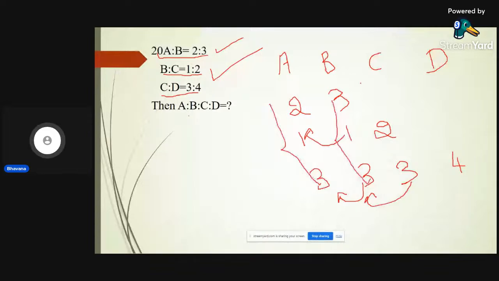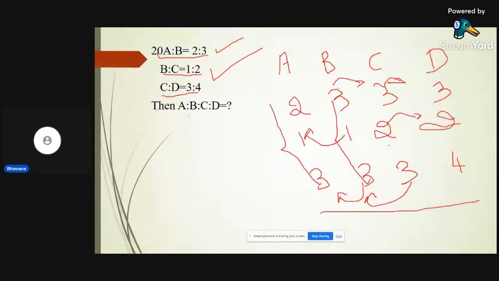Next, what we have to do here, in this 3 we have to write here, reverse and format. Next, here there is no value, so here also we have to write the 3 and this 2 here. Okay. Now multiply all these 3 values.